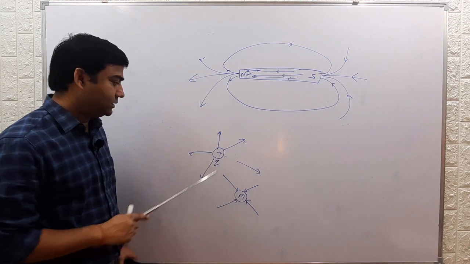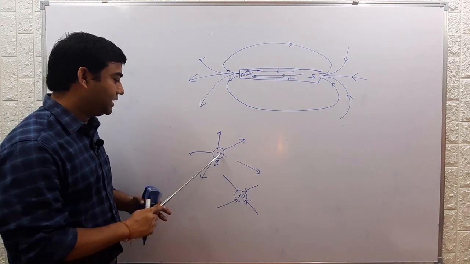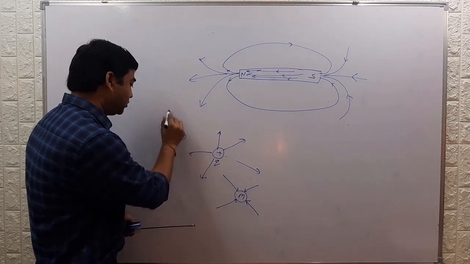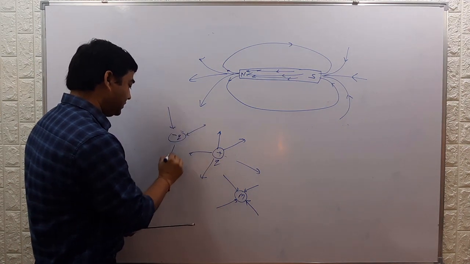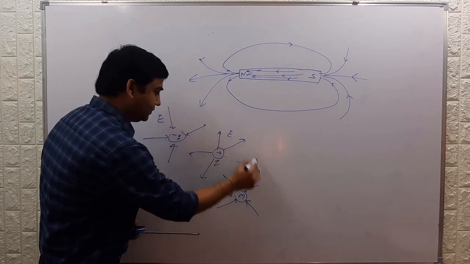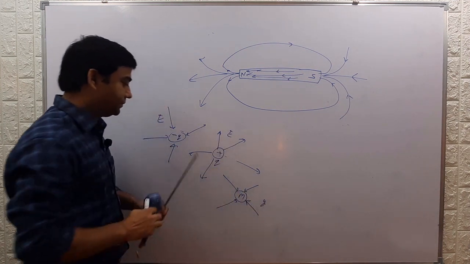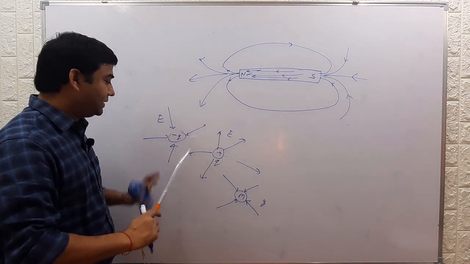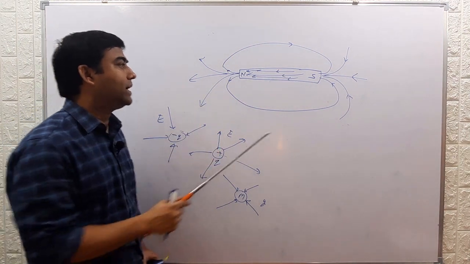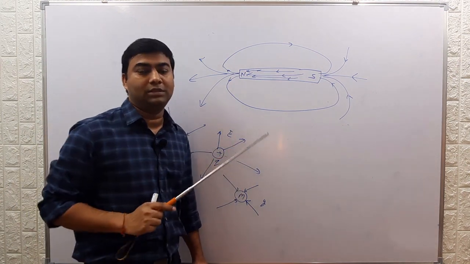They have an end point, and in case of electric field, they have a starting point. Similarly, for minus Q charge, electric field lines will have an end point. This is electric field line, this is gravitational field line. So here they have starting and end points. But in magnetic field, lines are continuous.